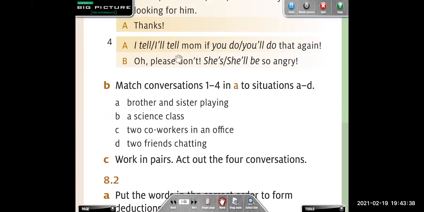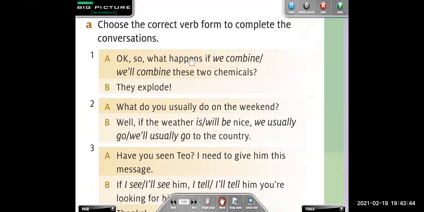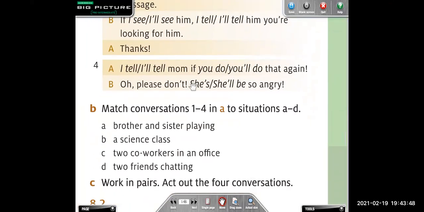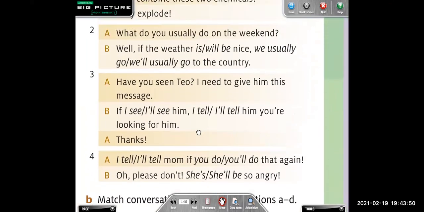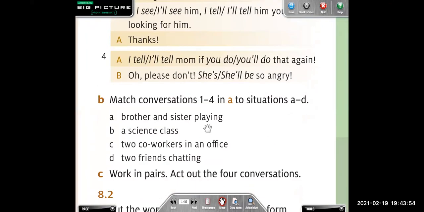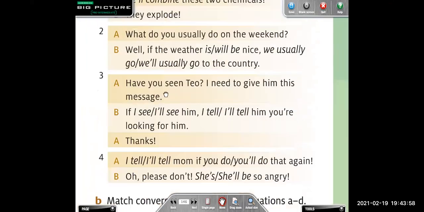Number 4, right? A science class. Number 1, right? Then we have 2 co-workers in an office. Number 3, okay? 2 friends chatting is number 2, right?